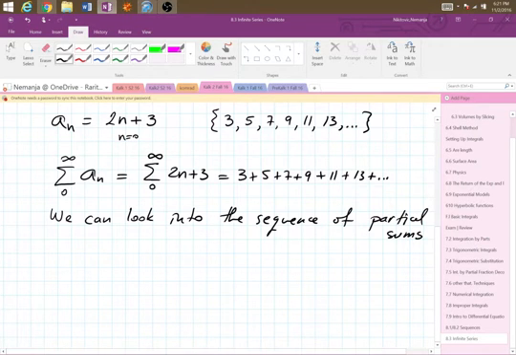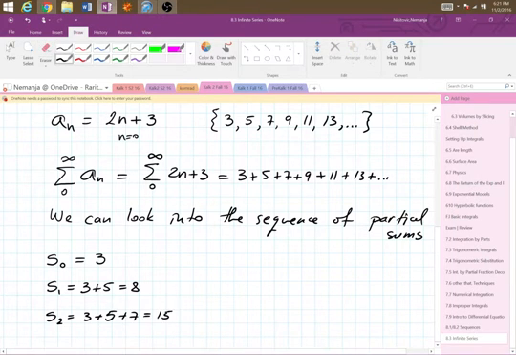We can look into the sequence of partial sums. So what is the sequence of partial sums? Well, S0 is going to have only 3 in it. S1 will be 3 plus 5, which gives us 8. S2 would be 3 plus 5 plus 7, which would give us 15.